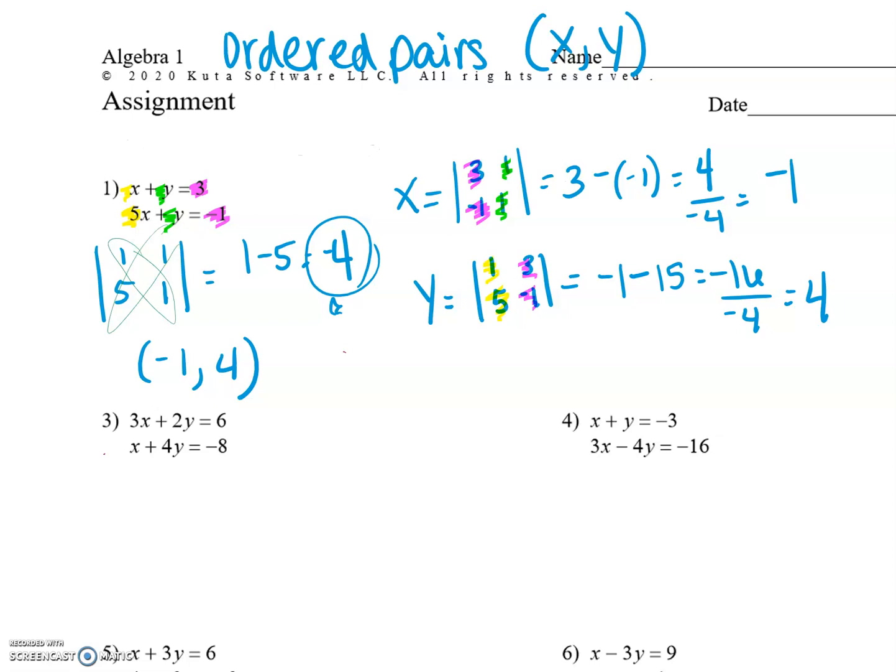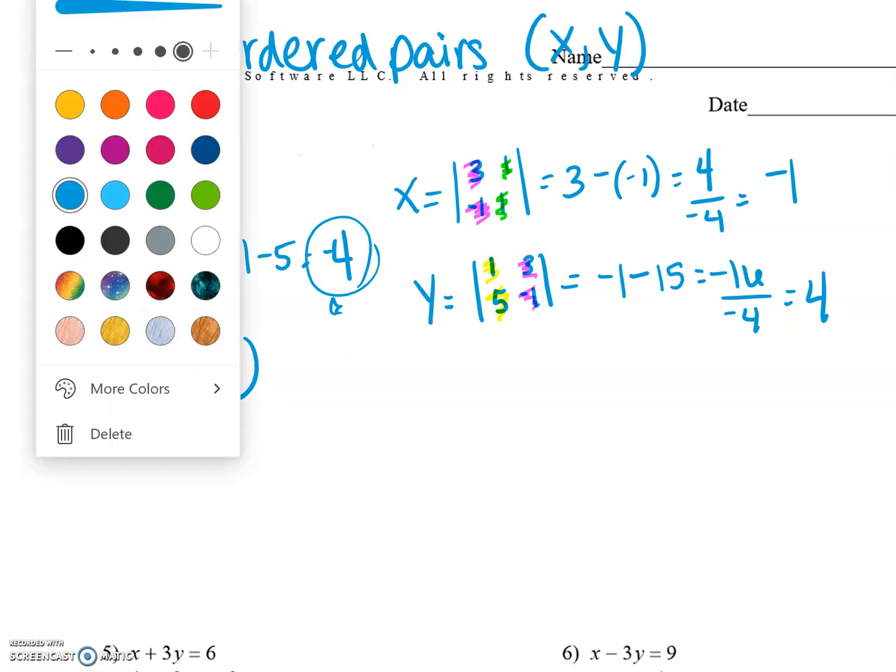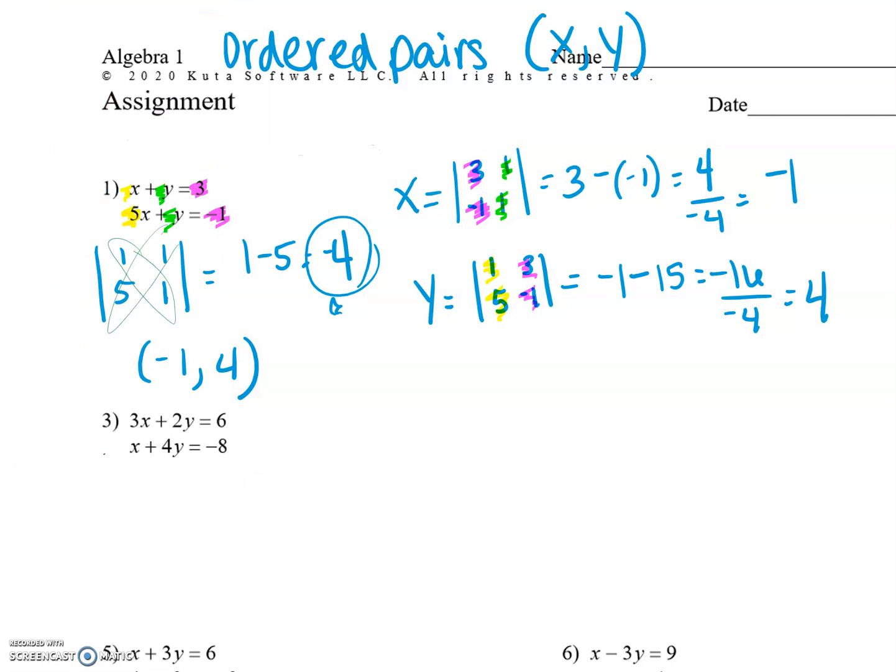All right, I am going to do number 3 now. So let me get rid of this problem so I have room to write. All right, let's do a different color. Okay, so I'm again going to find the determinant of those values, and that's the number that I'm going to be dividing by.